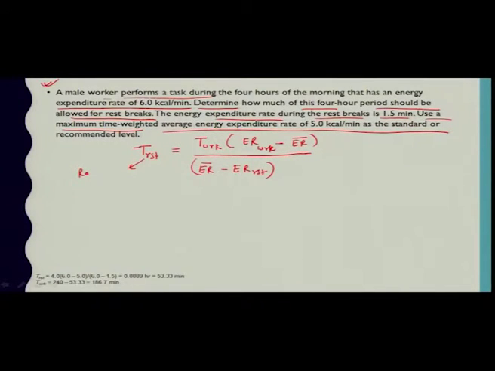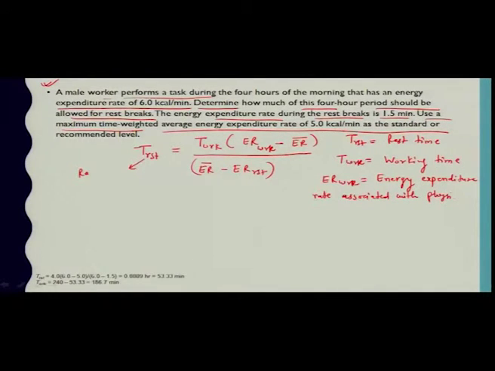In fact, I am writing here: T_RST equals rest time, T_WRK is the working time, and ER_WRK equals the energy expenditure rate associated with physical activity, that is expressed in kilocalorie per minute, and this particular ER bar is the average acceptable energy expenditure rate.